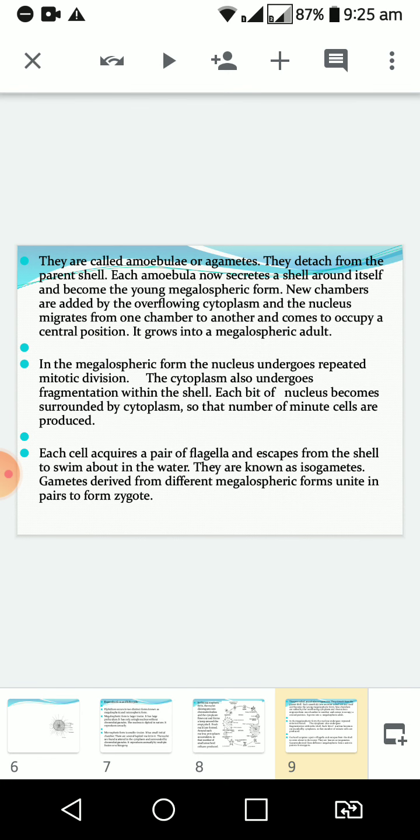So these gametes, derived from different megalosporic forms, unite in pairs to form a zygote. Now the zygote is formed here. So these isogametes are fused and form a zygote.